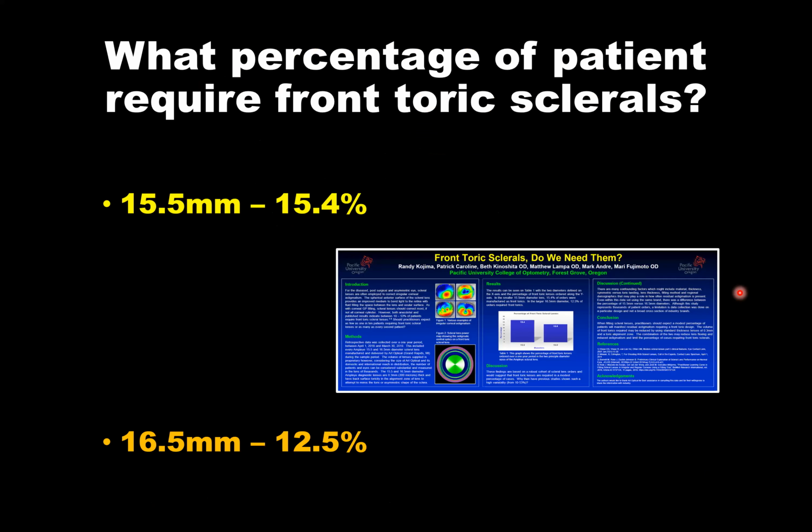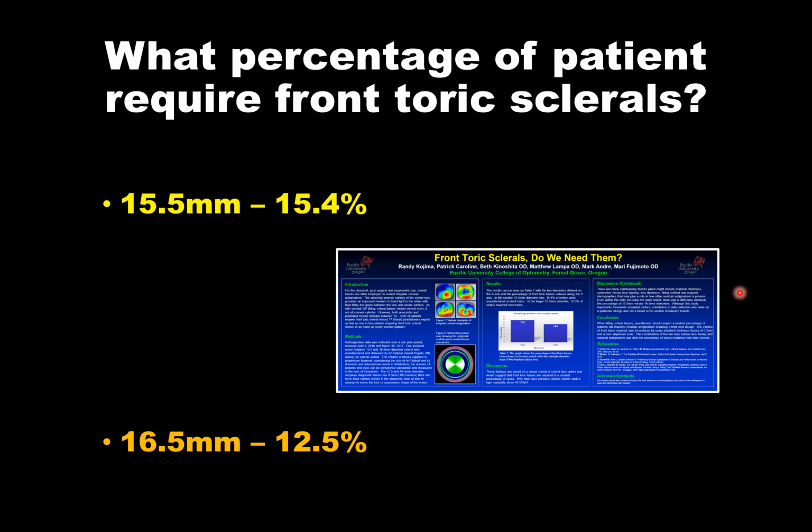Now, there's a percentage of cases that we fit with scleral lenses that require front torics. And this is odd because in corneal GP fitting in the irregular cornea, we don't fit a high percentage of patients that require some kind of front toric lens. Now, why is that with scleral lenses that so many of our cases, approximately 15%, require additional astigmatism added to the front of the lens?